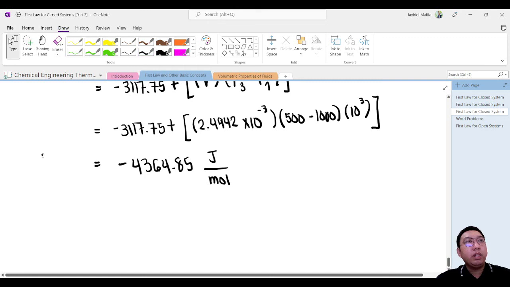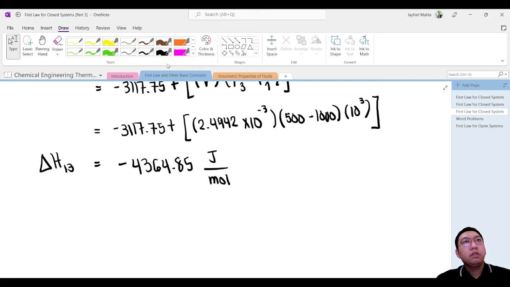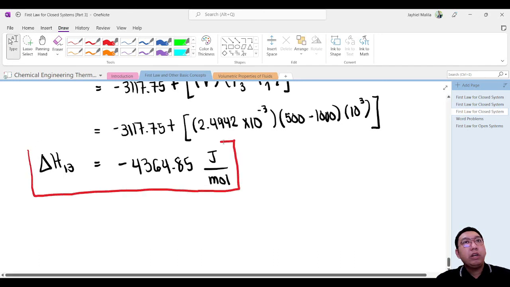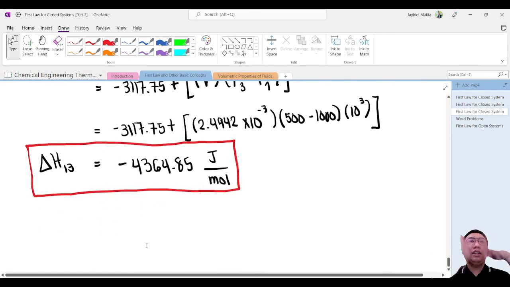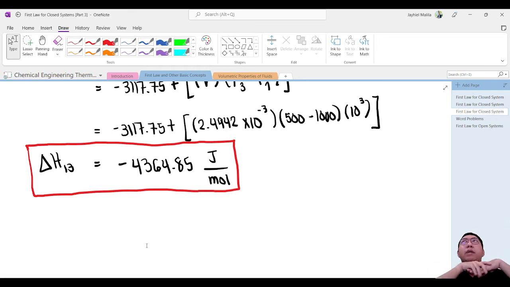Very simple. Remember that we can do this alternative path. It's very valid to break the path into small parts and then just add all the enthalpy values for the small paths to get the total enthalpy for the entire process.